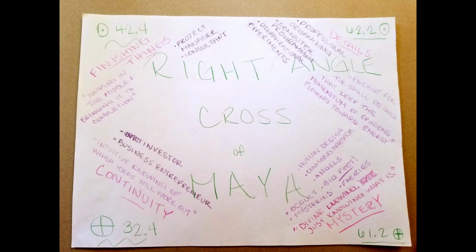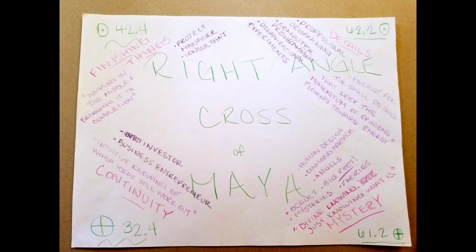And that's why I have excelled in a career around project management, consulting, and this gate is described as jumping in the middle and bringing it to completion. So I initiate things for the larger collective, but on the minutia level, I jump into other people's projects in the middle and help bring it to completion. And that's perfect for what I'm doing in my business right now.